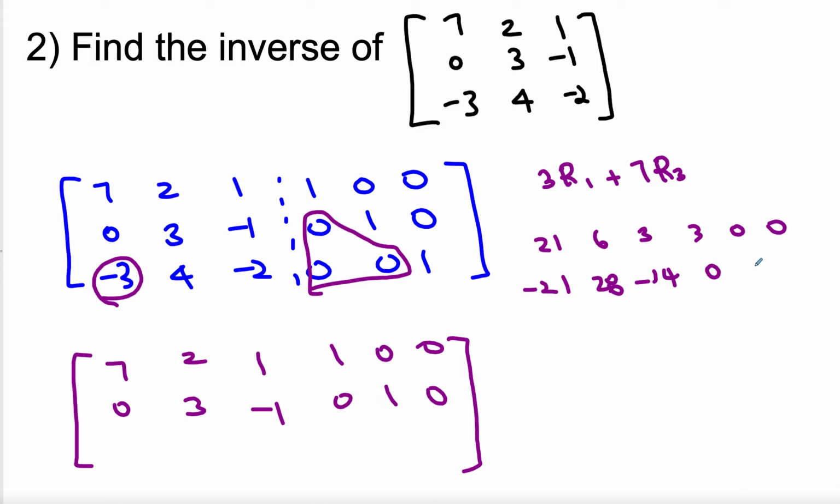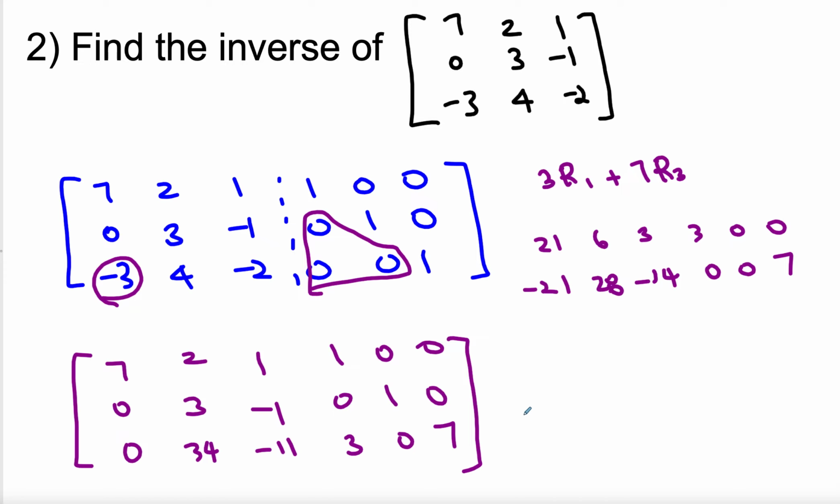And then 0, 0, 7. So when I add them up, these two become 0, of course. Those two become 34. And these two become -11. And then 3, 0, 7.